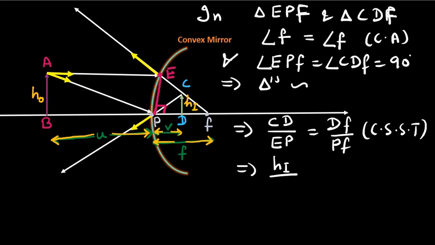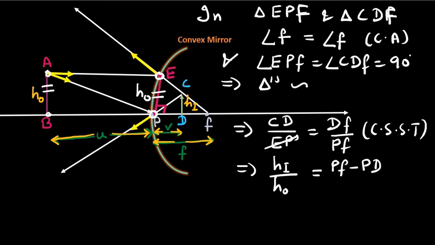And what is EP? Look into the rectangle AEPB. AEPB is a rectangle, so opposite sides are equal. So AB is the height of the object, so EP is also the height of the object. So in place of EP, we will write height of object. And on the right side, DF, if we look into the diagram, is PF minus PD.